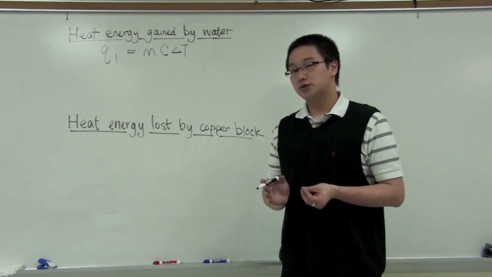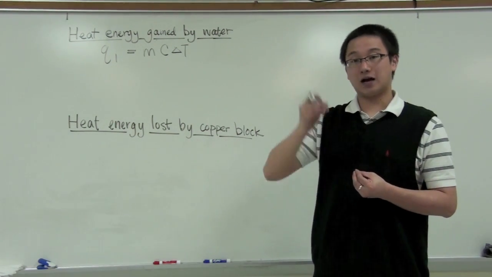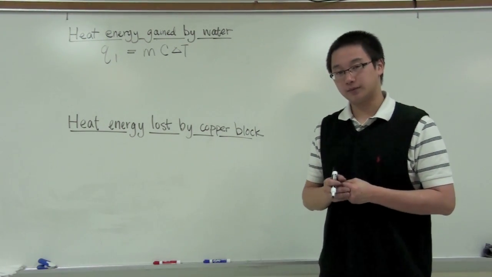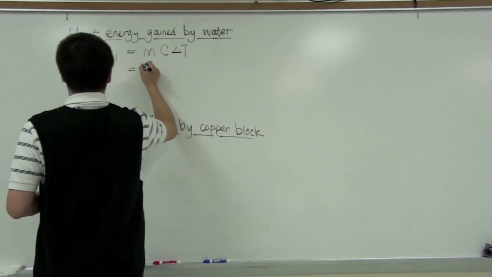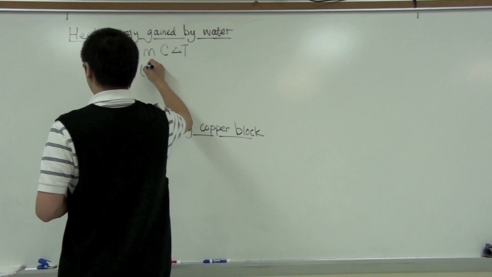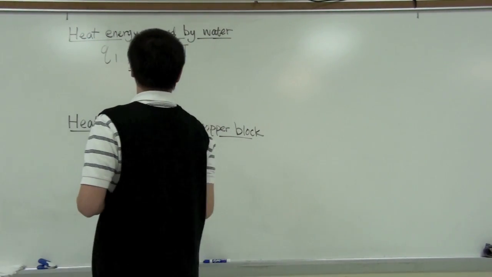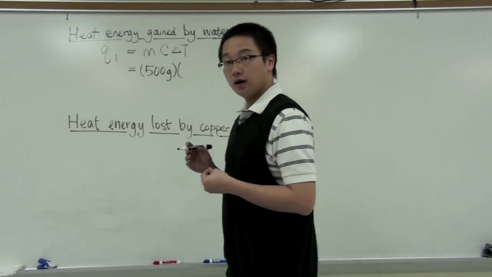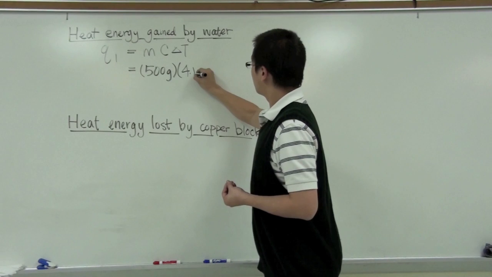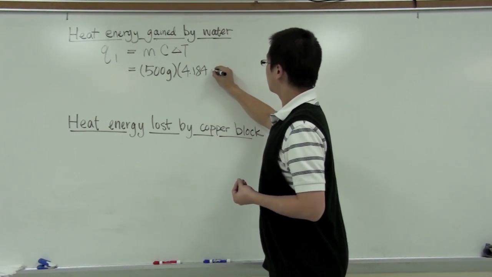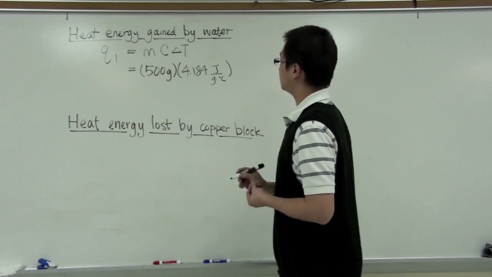Now, most of the information should be given by the question, or it should be memorized, or it should be given right on top of the paper, like the given information. So the mass of the water is 500 grams. The specific heat capacity for water is 4.184 joules per gram degree Celsius.